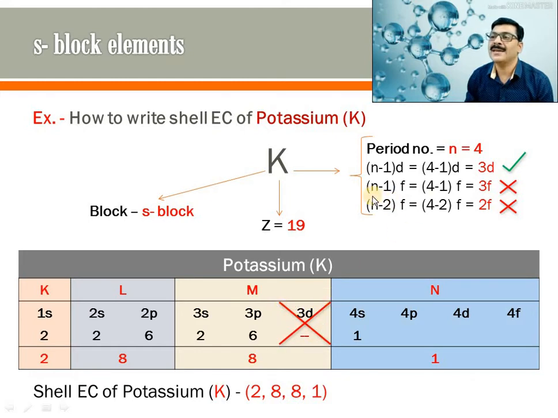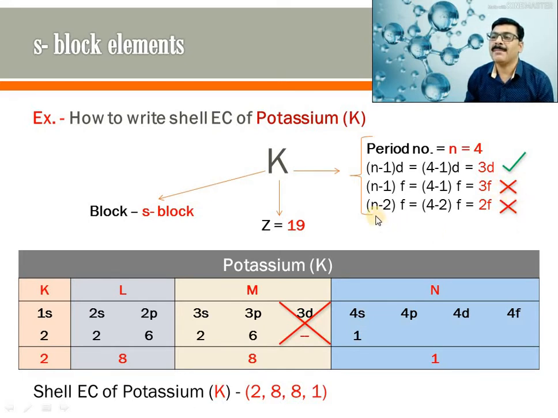Now then n-1 f, value of n is 4, means 4 minus 1 f means 3f, but 3f orbital is not present. F orbital will start from the 4f, 4f, 5f, 6f. Remember here 3f orbital is not present, so there is no problem.